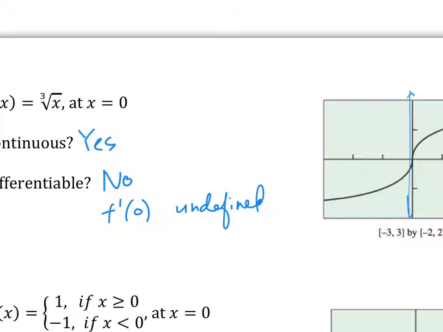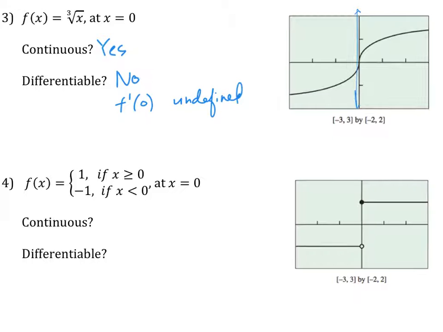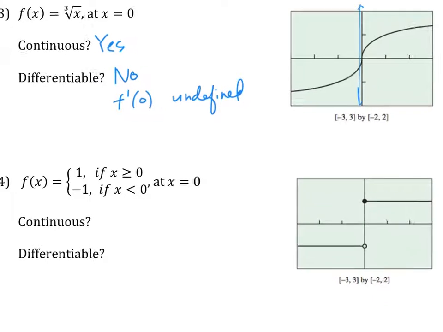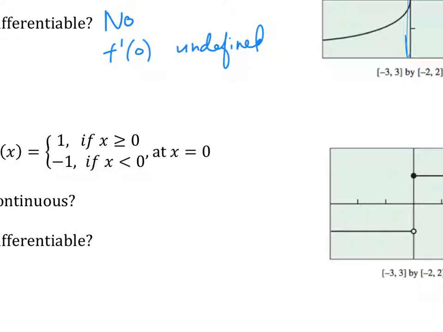One more, and then I open up for questions. Please write them down for now. All right, last one. We have a jump graph. Raise your hand if you can tell me, is it continuous? No, definitely not. Therefore, is it differentiable? No, you don't even have to check.